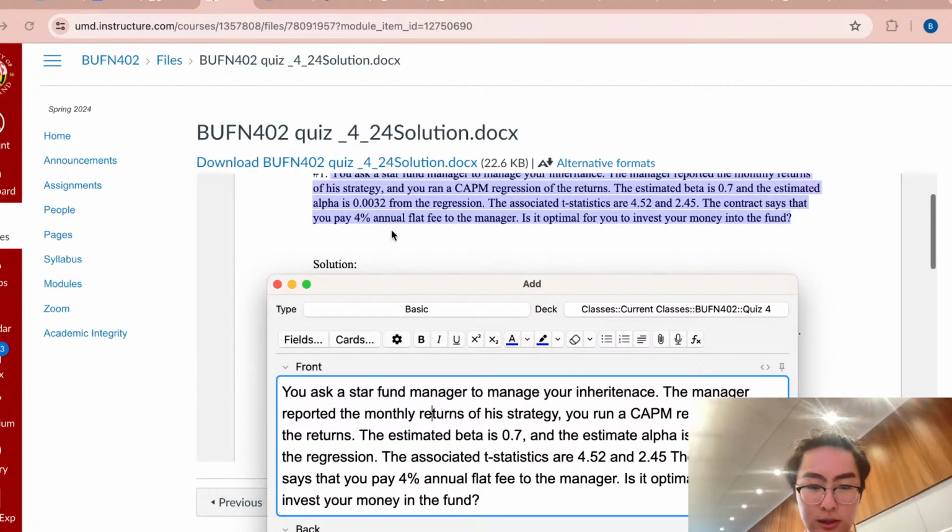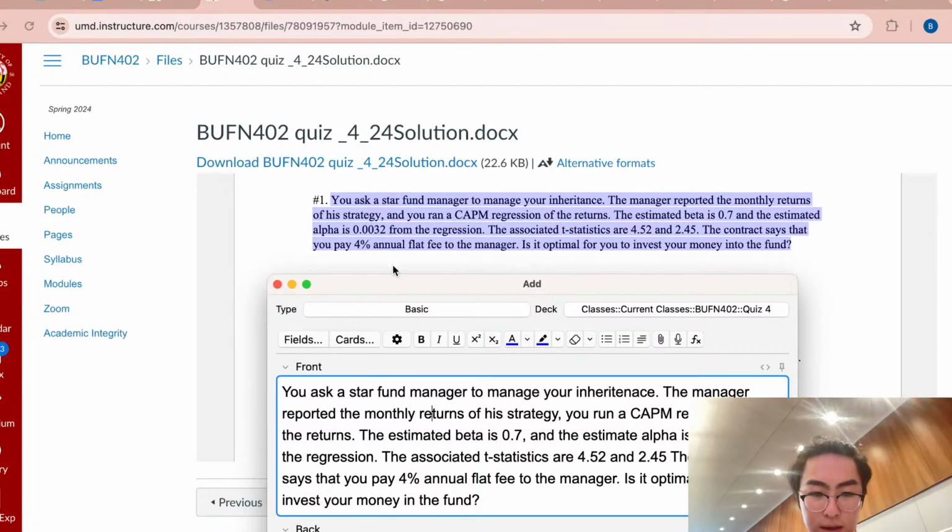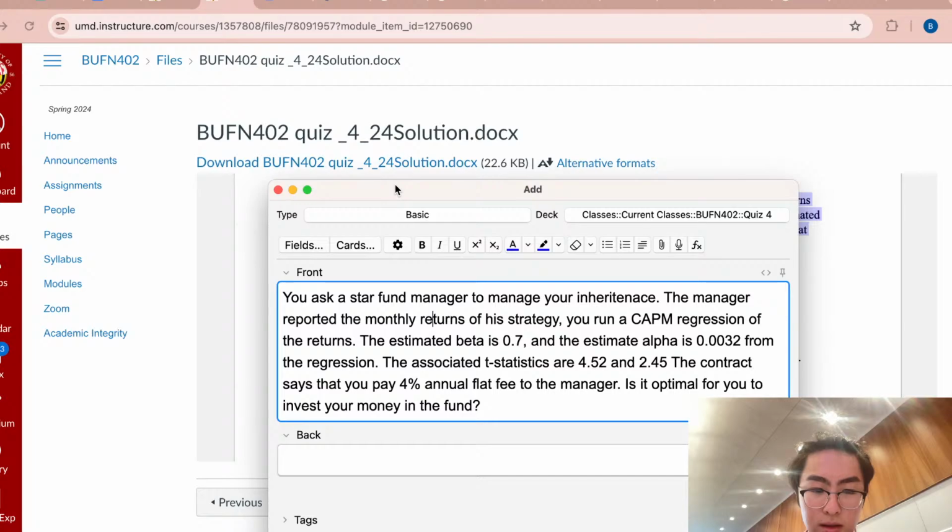So let's get into this. You asked the star fund manager to manage your inheritance. The manager reported the monthly returns of his strategy. You run a CAPM regression of the returns. The estimated beta is 0.7 and the estimated alpha is 0.0032. Okay, so these are monthly returns. That's why the alpha is so low.